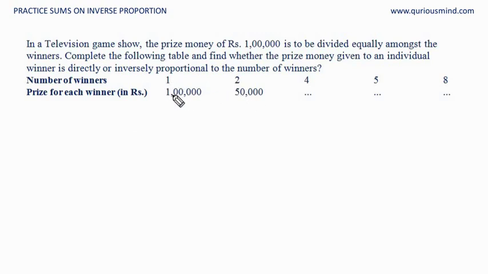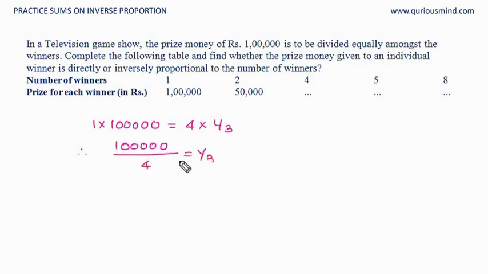We also see x1 into y1. 1 into 1 lakh is the same as 2 into 50,000, which is 1 lakh. So this is inverse proportion. Let's solve for 4. 1 into 1 lakh is going to be 4 into y3. Therefore 4 will go that side and divide. 1 lakh divided by 4 is y3, which is 25,000 each.